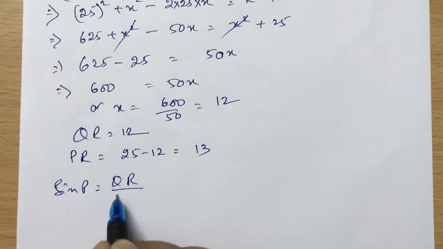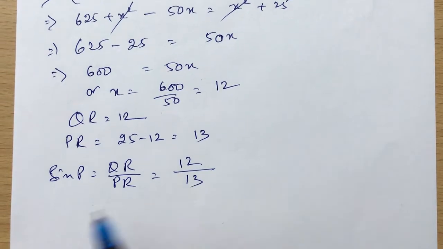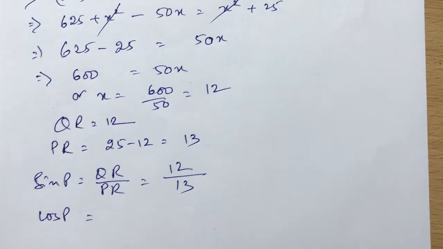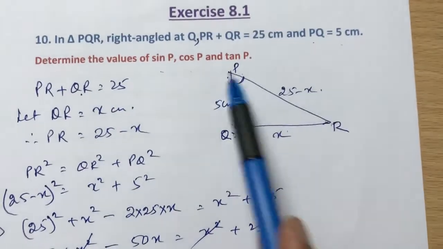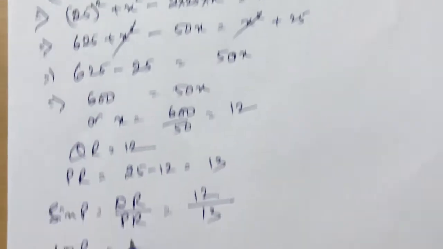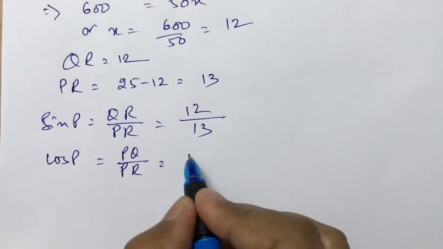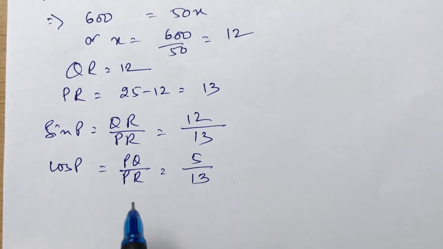So QR by PR. QR is 12, PR is 13. What is cos P? Cos P is equal to base by hypotenuse. So it is PQ by PR. PQ is 5 by 13.